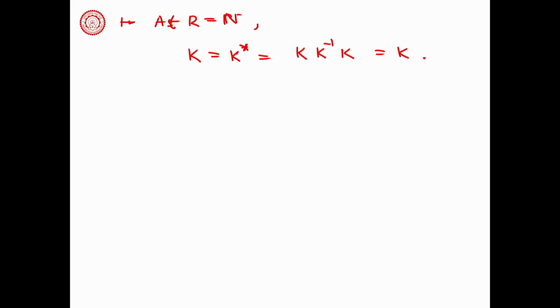So now I have to compute, with this setup, my Cn. What is Cn equal to? Cn is equal to k plus sigma square I. So k will be replaced by k star.